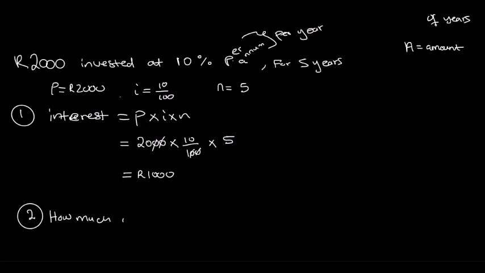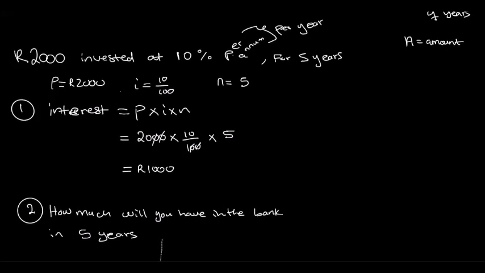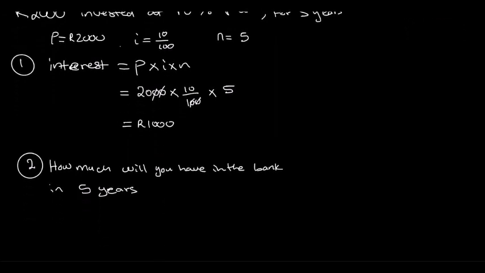Obviously you will have your original amount, which was 2000 rand, plus the amount that you have accumulated, which is your 1000 rand, and in total that will give you 3000 rand.